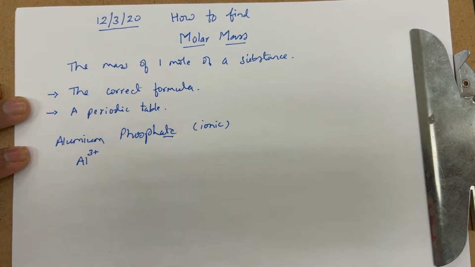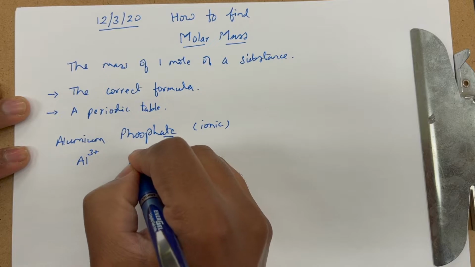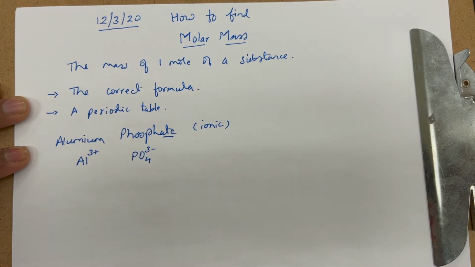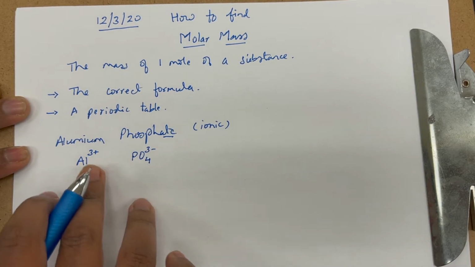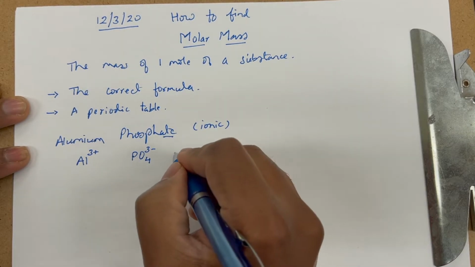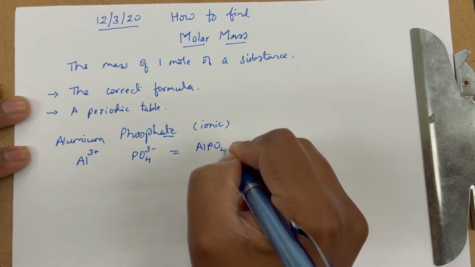So all I have to do is look in my Google Drive on the list of polyatomic ions sheet. It was an assignment you turned in a couple of weeks ago, I believe. And over there you will see that phosphate is PO4 with a 3 negative charge. Because this is 3 positive and 3 negative, they pretty much cancel each other out, and you get the formula AlPO4.